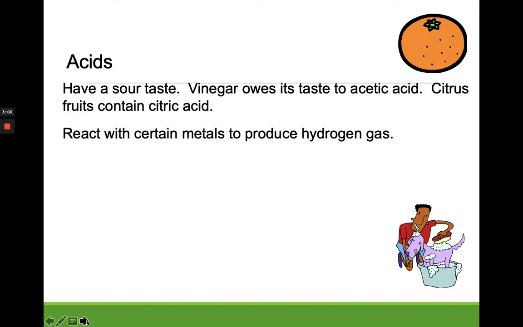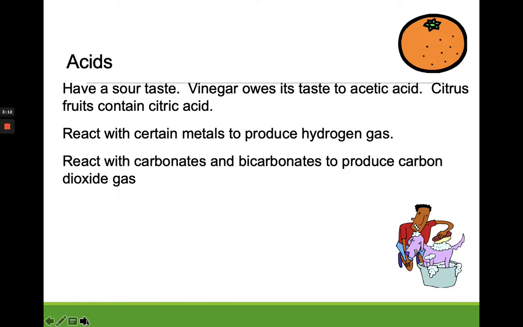And acids also react with metals to produce hydrogen gas. Hydrogen gas is flammable, if you remember our lesson on the reaction of some metals as well. And they react with carbonates and bicarbonates to produce carbon dioxide gas. So this is the one responsible for cave formations.